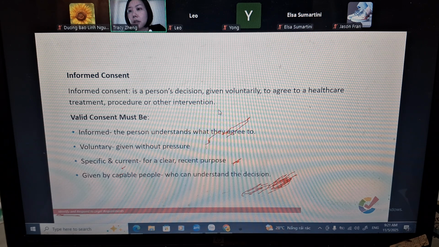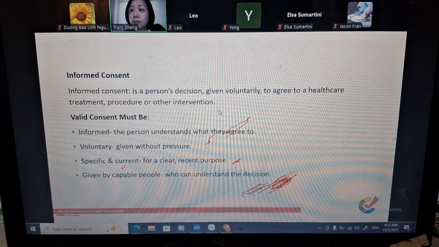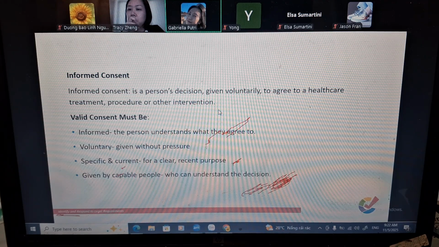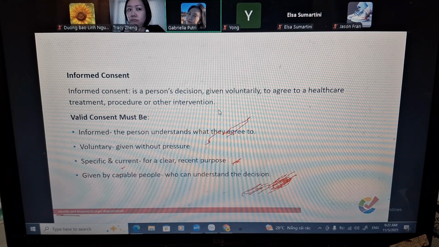Any other group of people you think may not be able to give a valid informed consent as well? Anyone else? Maybe someone who is not able to talk or communicate, like maybe they are on bed rest or something, and they can't even give consent because of the limited ability they have.